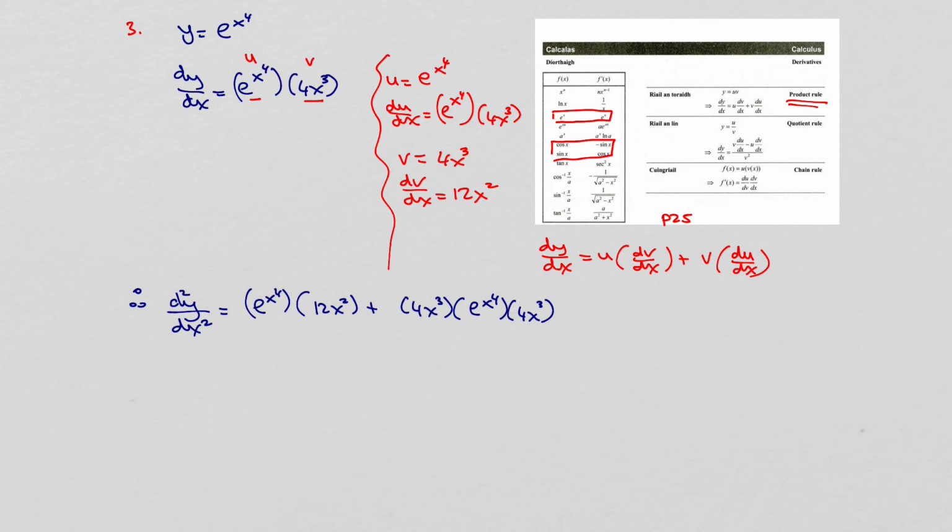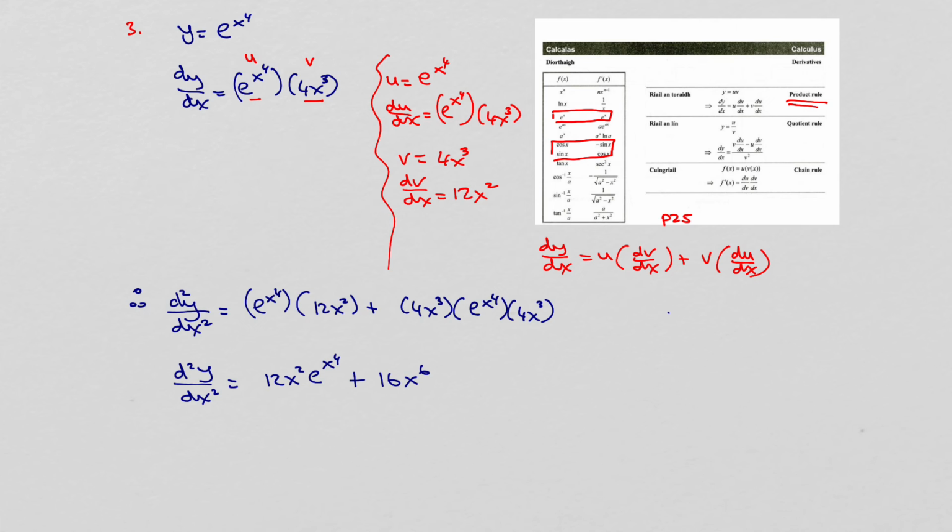So of course, if we tidy that up, my second derivative is equal to 12x squared times e to the power of x to the power of 4. And then 4 by 4 is 16. X cubed by x cubed is x to the power of 6.